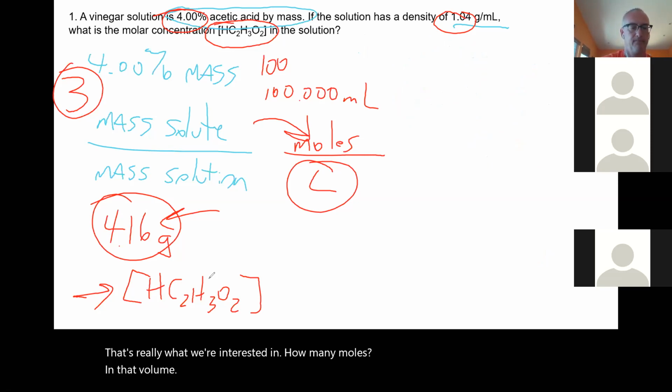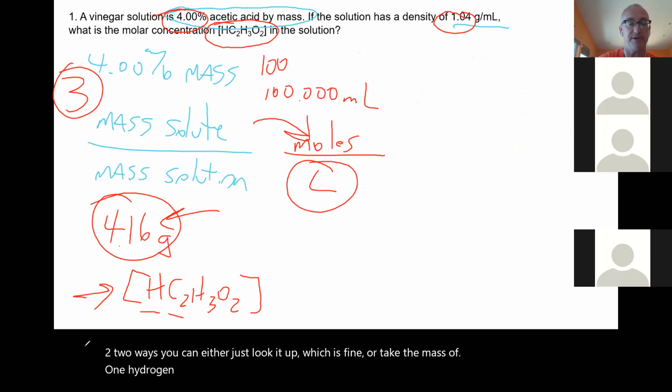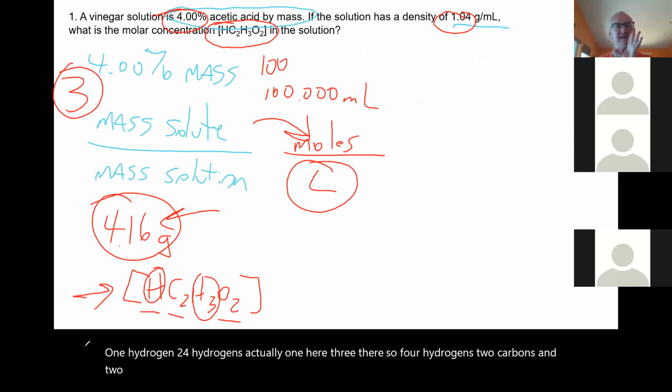Yep. Yeah, so two ways. You can either just look it up, which is fine, or take the mass of 4 hydrogens, 2 carbons, and 2 oxygens. Or just look it up. Either one.